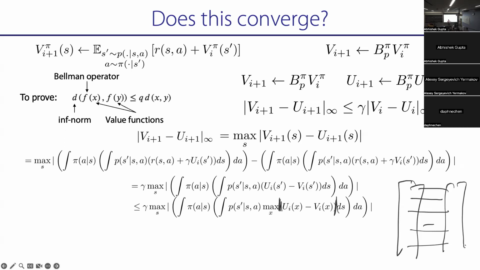So if you subtract two vectors, they're obviously less than the max of all the differences.